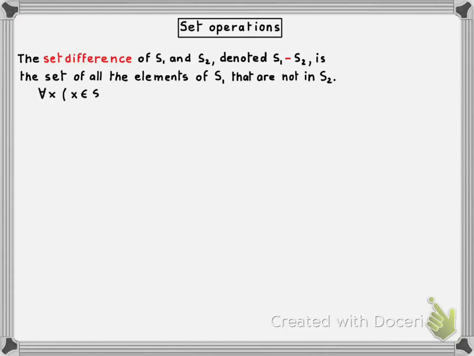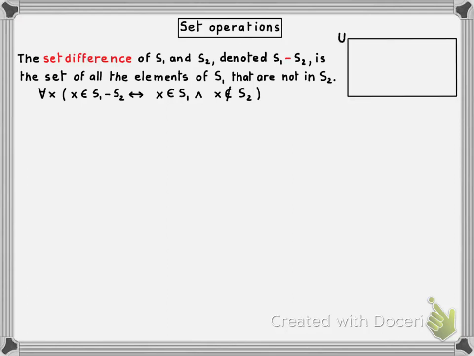So in logical notation, it says for all x, x is a member of S1 minus S2 if and only if x is a member of S1 and x is not a member of S2. So again, we'll illustrate this definition with a Venn diagram starting with the universe, a circle for S1, and a circle for S2.